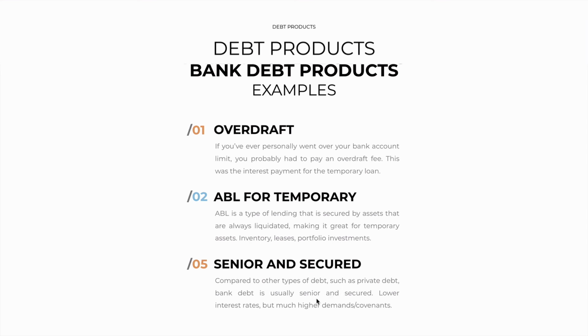So if you know about the different types of debt, you will know that bank debt is always above investment grade, because nobody is going to rate the debt of a bank as having risk. So it's a kind of low risk, but also low yield type of debt. The interest rates are lower because the risk is low. In return, it usually has much higher demands or covenants than other types of debt.